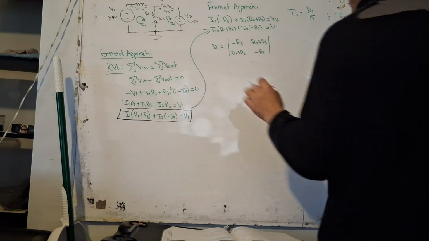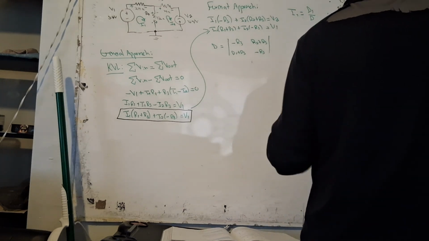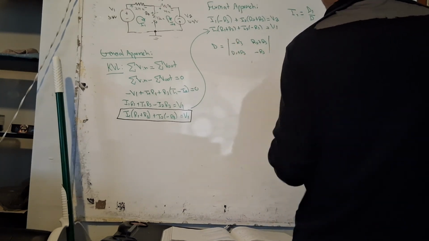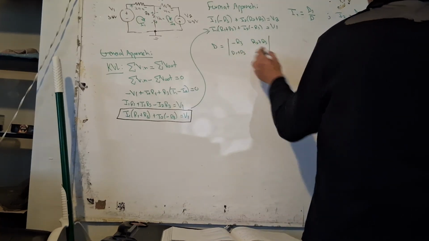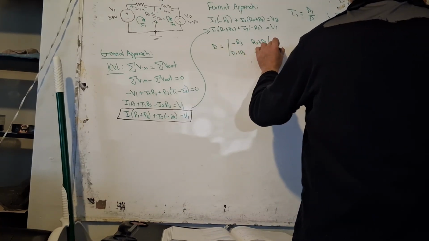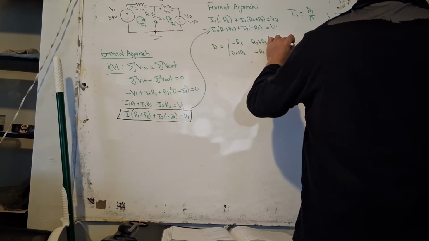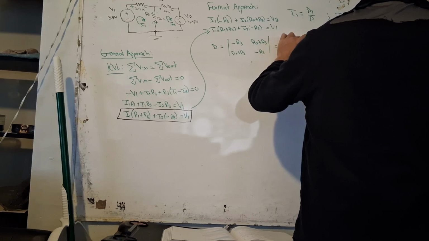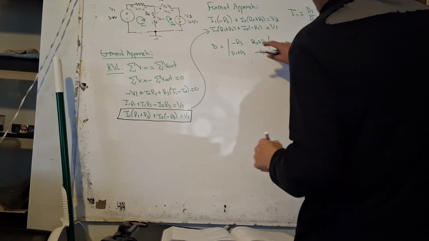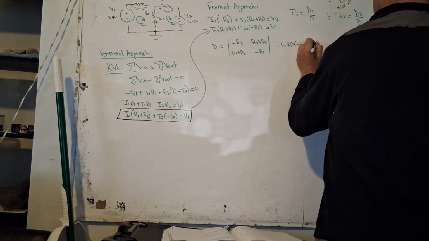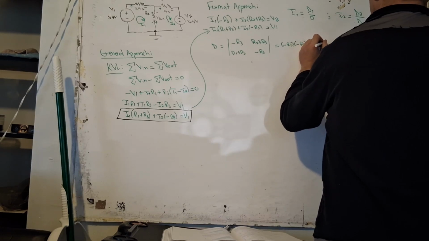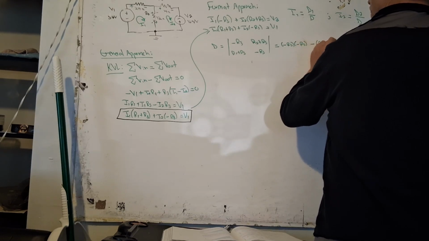It's symmetry. But now we're going to cross multiply and subtract from the other side. We're going to say this times this minus this times this. R1.